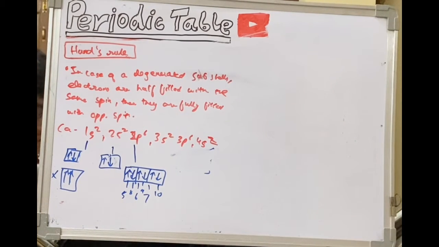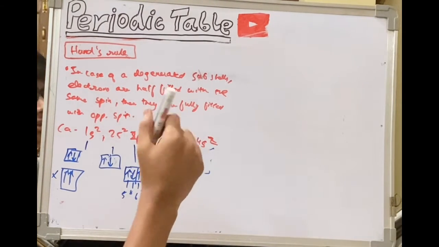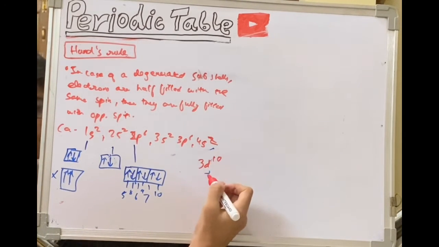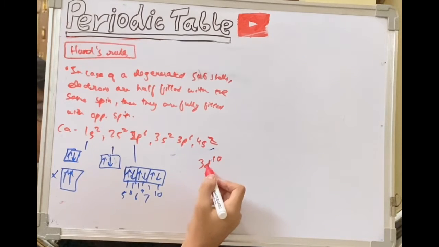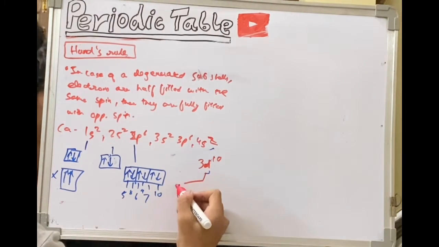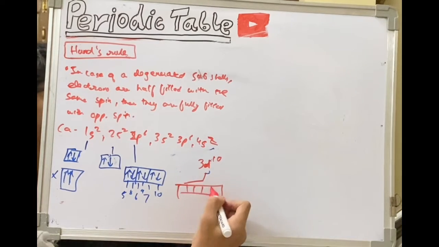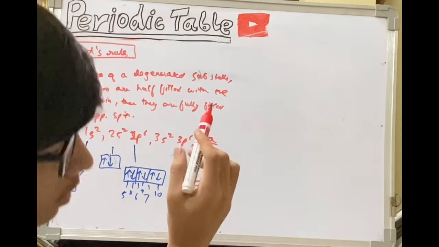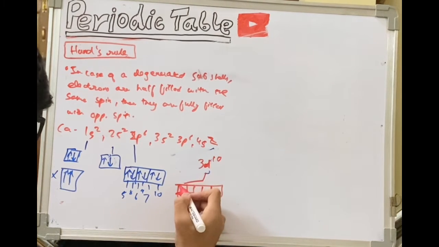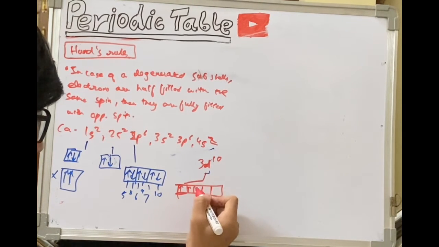Now we'll jump to 3d10. So in the zinc one, we had 3d10. We all know that the d orbital has 5 types. It will be 5 boxes, 1, 2, 3, 4, 5, and each orbital can maximally accommodate 2 electrons. So it will be this, this, this.